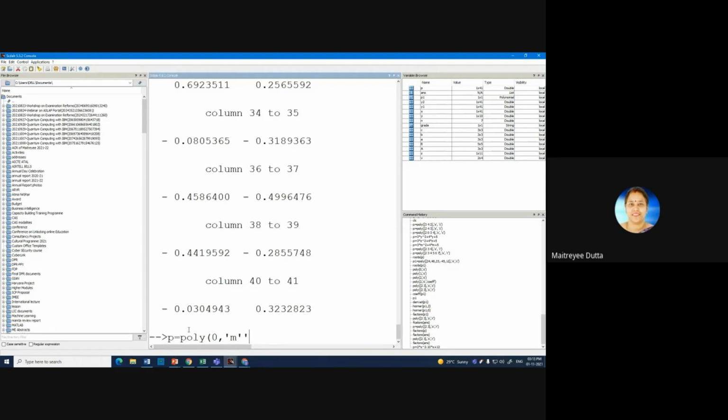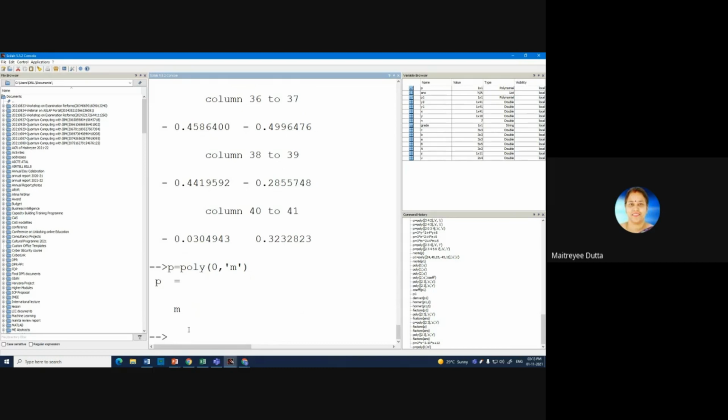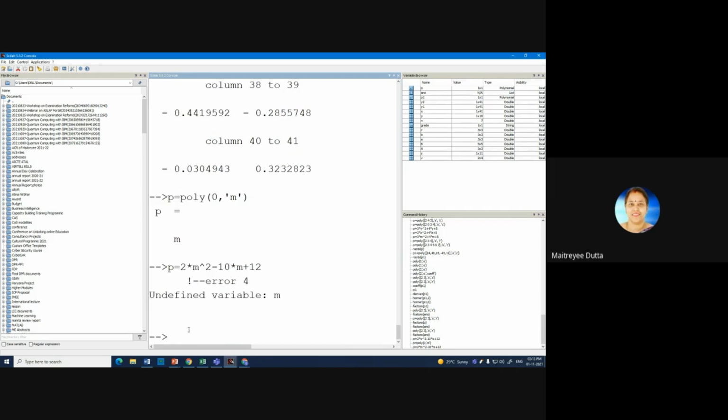Let me consider m as a polynomial first, then I will write P is equal to 2 into m square minus 10m plus 12. Why is it not taken? Poly m square. M is a poly, that should take it.